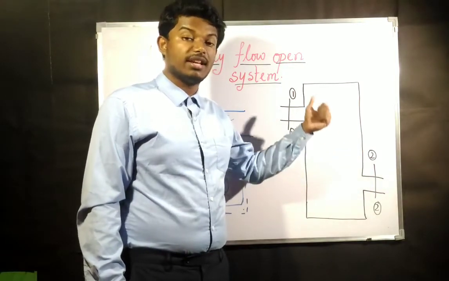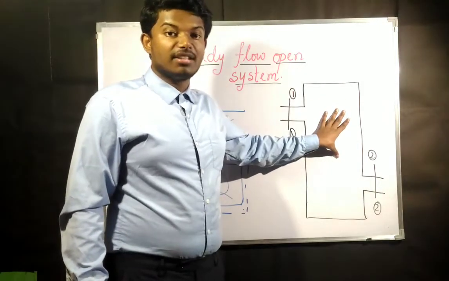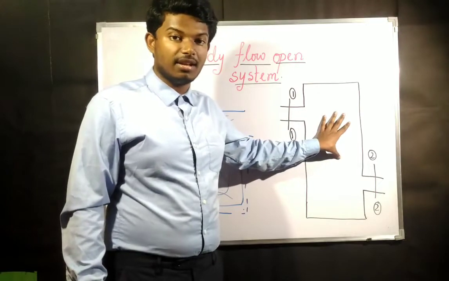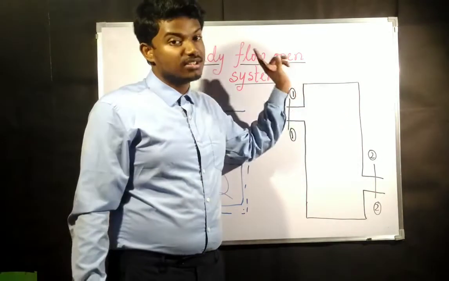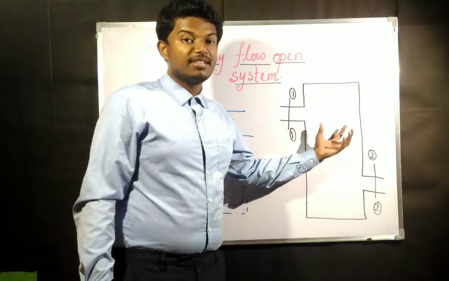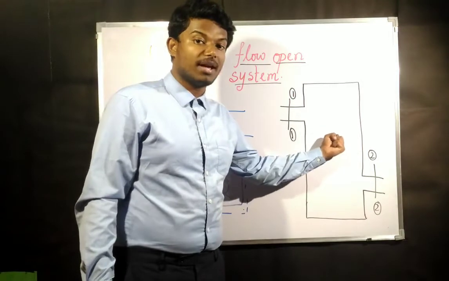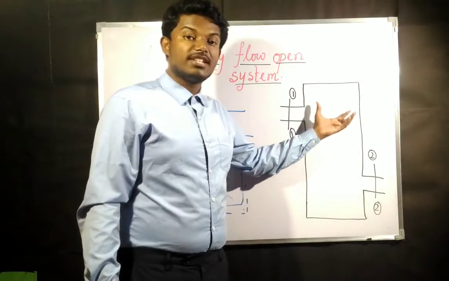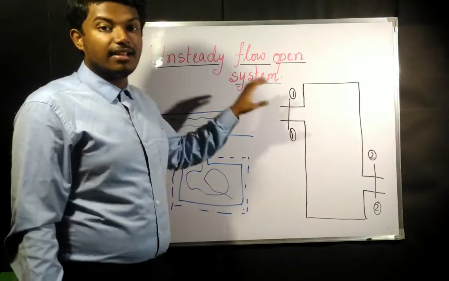For that, no mass accumulation was there, and no energy accumulation, because if mass accumulation is there, that means mass is going to increase with respect to time. But since that was steady flow, properties like mass and energy were not changing. That's why accumulation of energy or mass was 0. Now in such cases, accumulation of mass and energy is going to be there because this is unsteady.